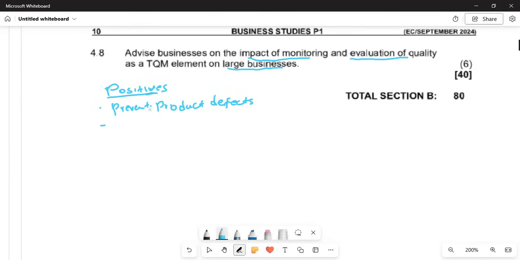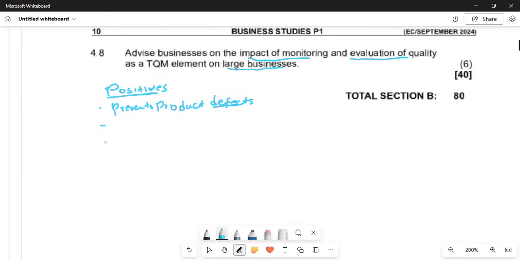So when you do that monitoring and evaluation, you're going to prevent product defects, and you're going to minimize wastage as well as customer complaints, as the product will be of quality.